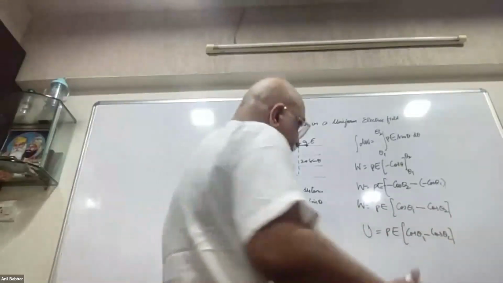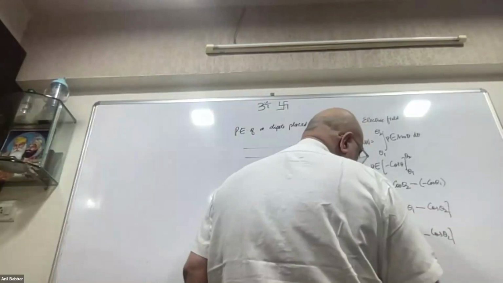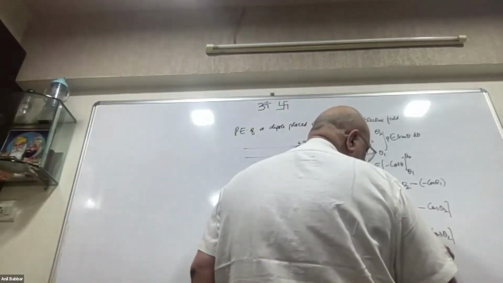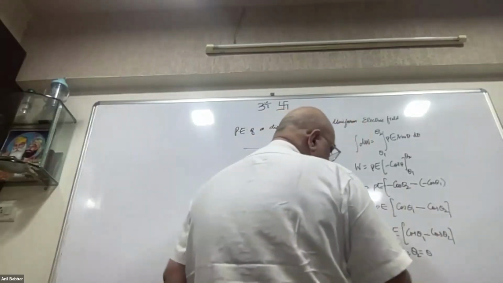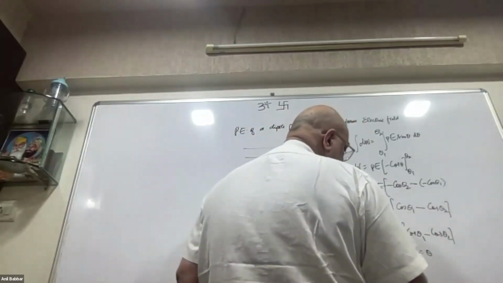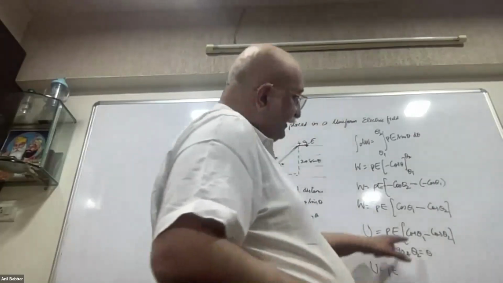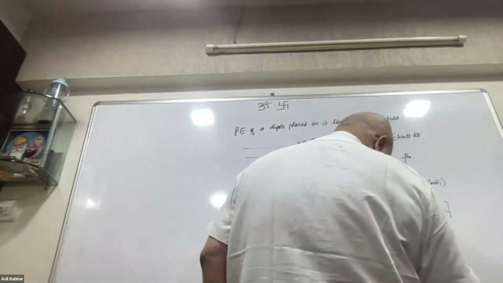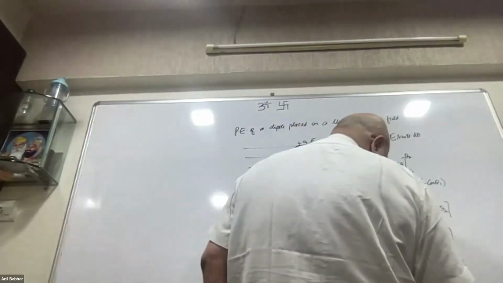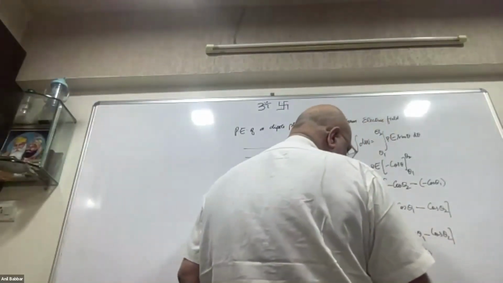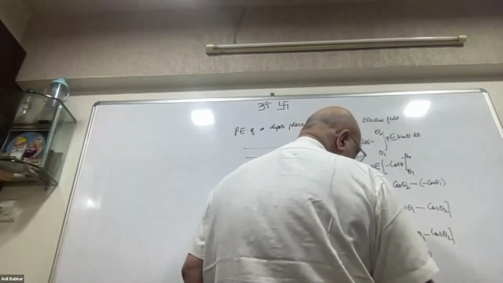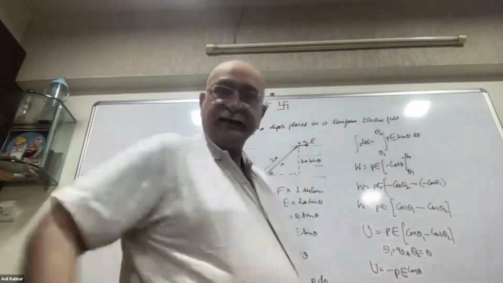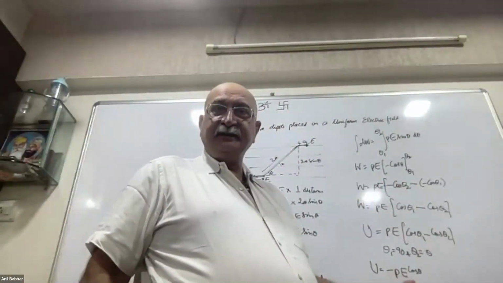So U is equal to pE times 0 minus cos theta, or U is equal to minus pE cos theta.